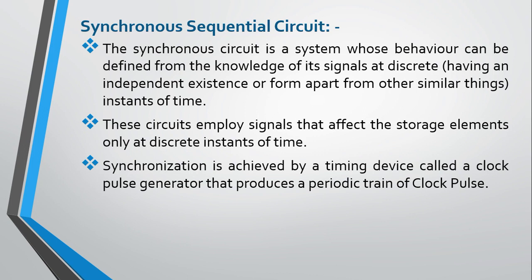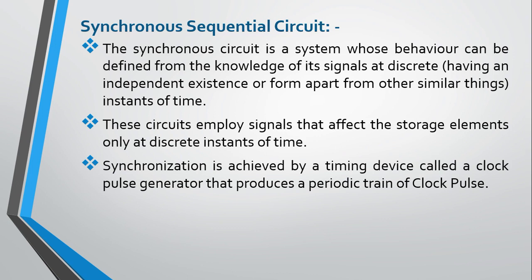I hope up till now whatever concepts I have delivered in the lectures are properly clear, right? So this is all about today's session on digital circuits. Two types of digital circuit are there: sequential circuit and combinational circuit. But the difference is what?